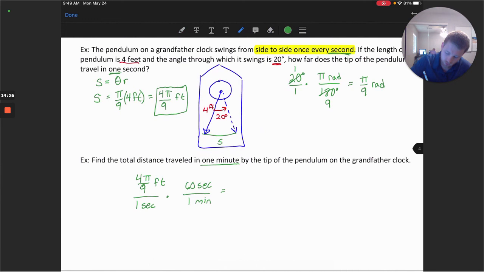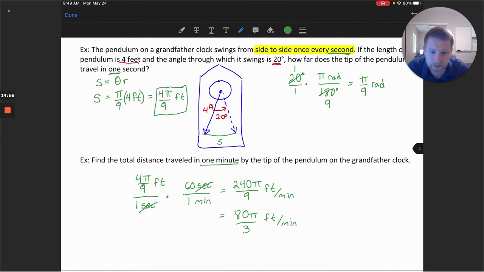This is going to be 240 pi over 9 feet, and this is going to be feet per minute now as my rate. If you'd like, we can reduce this down just a little bit. Reduce by 3, and this gives us 80 pi over 3 feet per minute would be our rate. And so we are actually going 80 pi over 3 feet in a full minute for this grandfather clock.